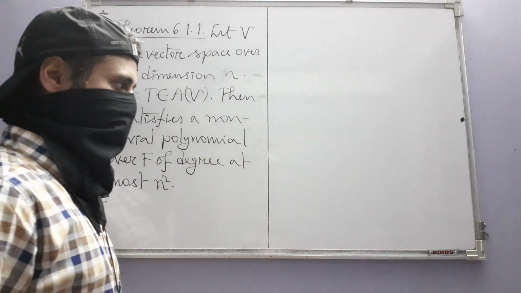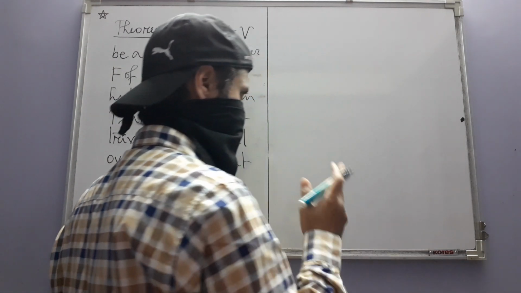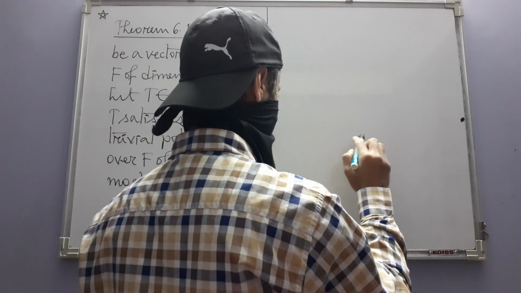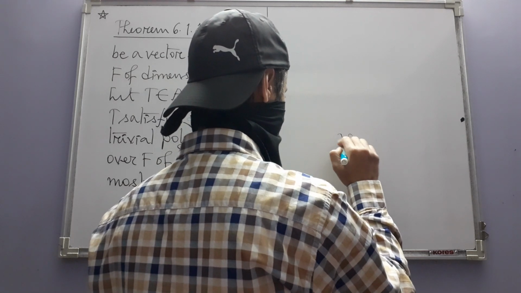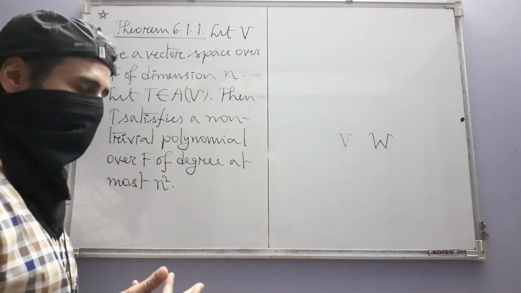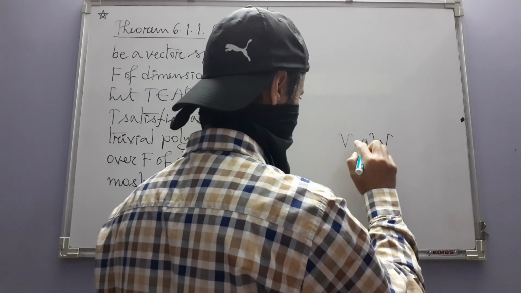So you may remember this thing from the previous sections on vector space theory. Say we have two vector spaces V and W over the same field. The underlying field of scalars is the same.